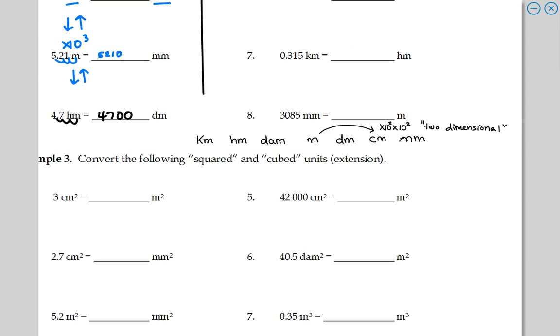So for example, 3 centimeters squared to meters squared. What would you do if it was just regular 3 centimeters? You would go 1, 2, and you'd be done. That's what it would be if it was just regular length. But because it's a square measurement, each jump is actually worth 2 decimal moves.